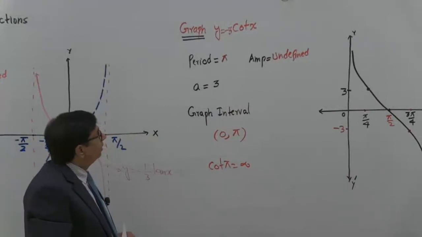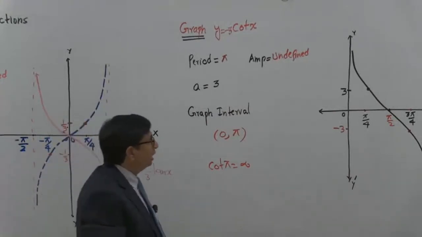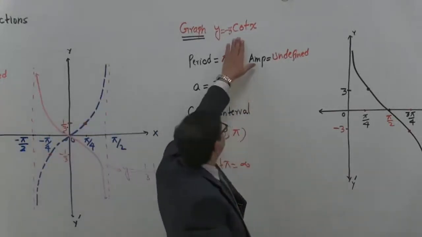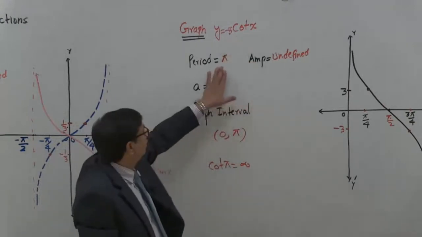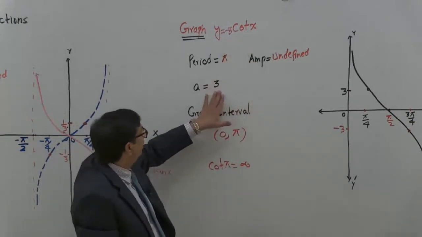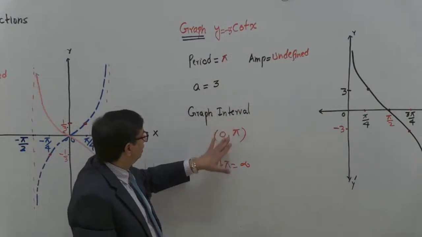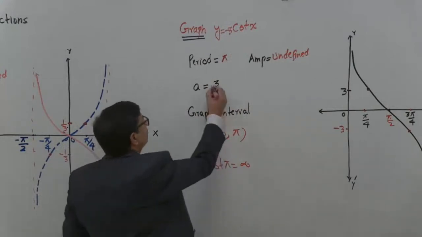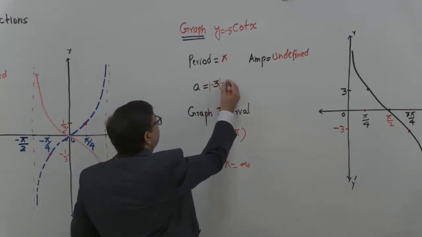So first of all, we have to draw the graph for cotangent x. How to graph? Period is pi, a is 3, interval, and so on. Okay.